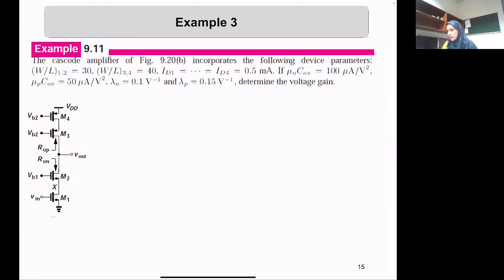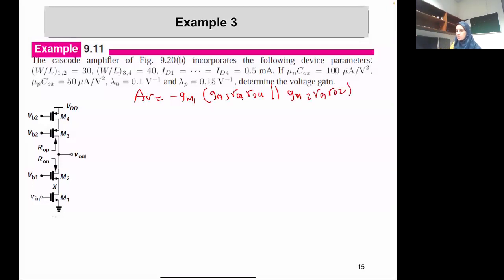We're given mu n COX equals 100 microamp per volt squared, mu p COX equals 50 microamp per volt squared, lambda n is 0.1 volt inverse, and lambda p is 0.15 volt inverse. We need to determine the voltage gain: minus Gm3 R out3 R out4 in parallel with Gm2 R out1 R out2.